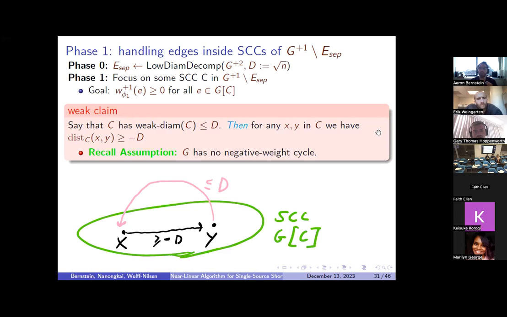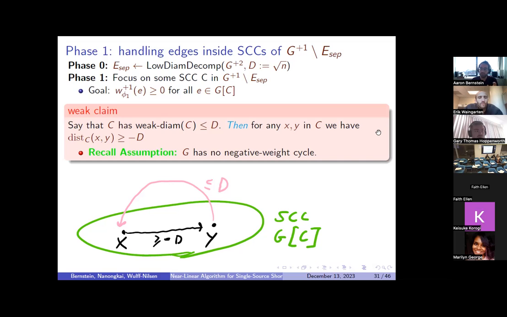You have this component with low diameter, and I'm claiming that for any two vertices in that component, any path between them cannot be too negative. The most negative it can be is -d. The proof is straightforward: recall that we assumed the graph doesn't have a negative weight cycle.